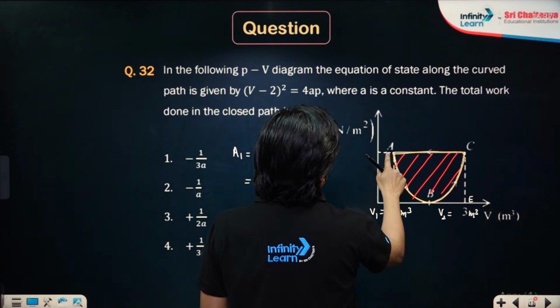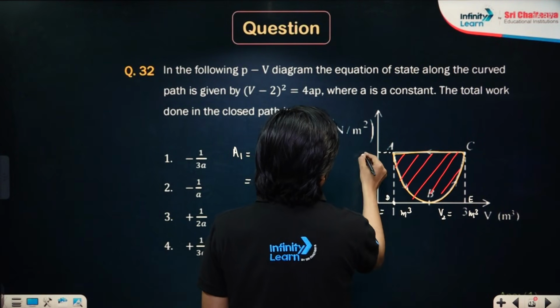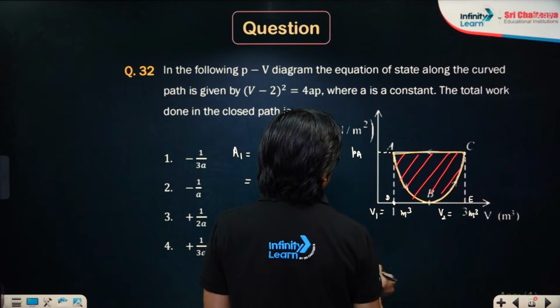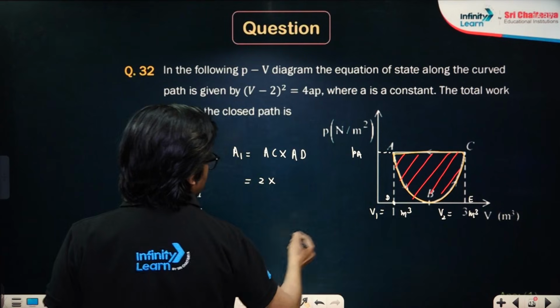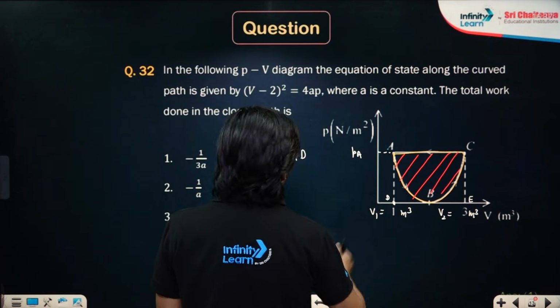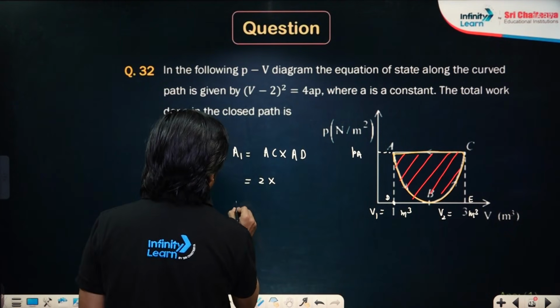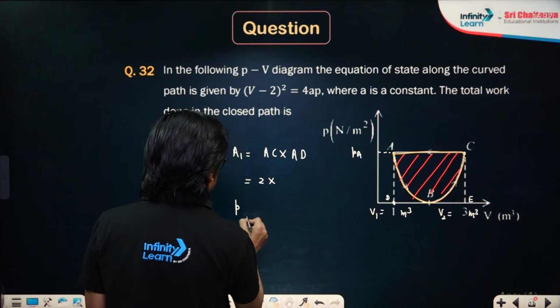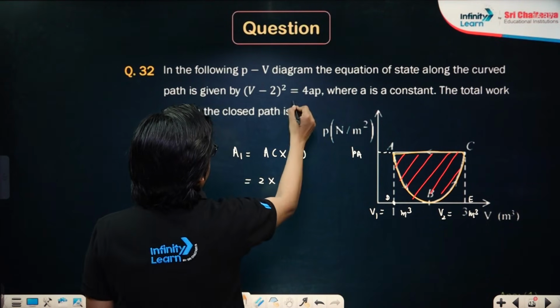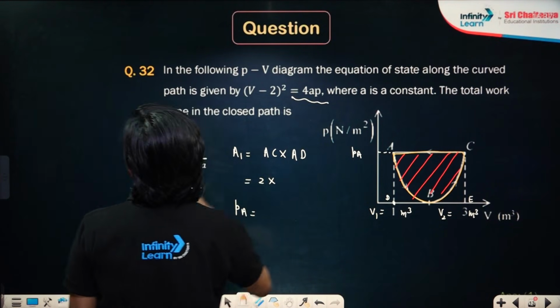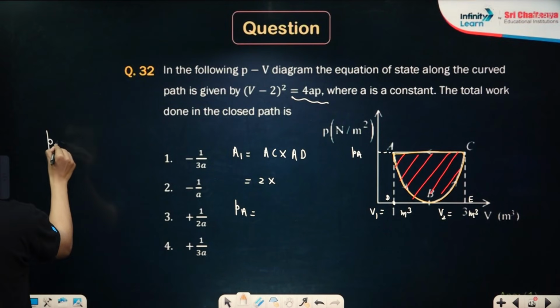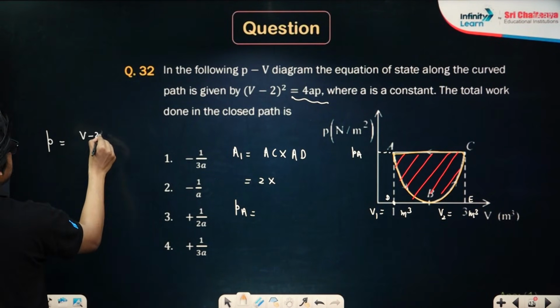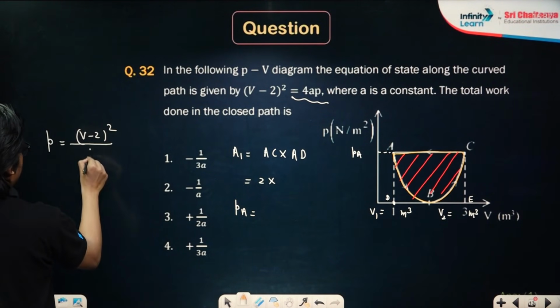What does point A correspond to? The value of PA. According to this relation, I can write P is equal to (V minus 2) whole square by 4a.